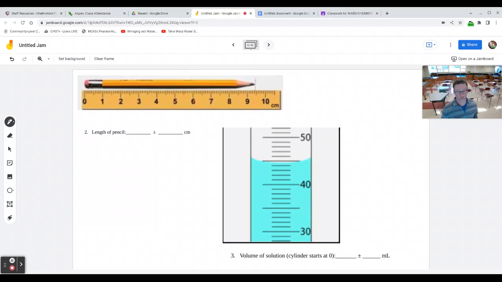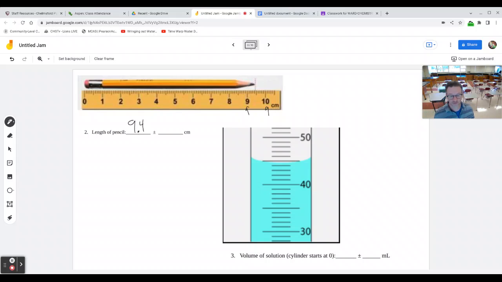So here's another example. Two more examples, actually. So the pencil, it's a little blurry because I had to blow this up. But we have centimeters, we have 9 and 10, and then we have the tenths in between. So again, I'm going to go to 9 point, and it looks like it's just beyond the 0.4.